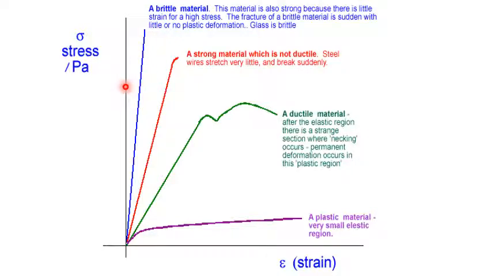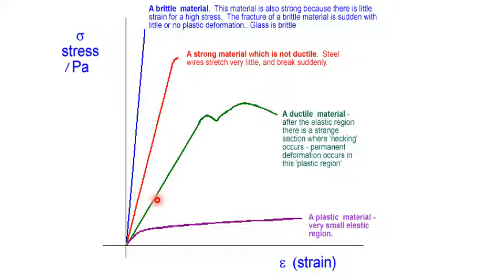Means there will not be any considerable elongation under tension. A material which is not ductile, nor that much brittle, will come in between the ductile and brittle material, where we can observe a little bit of elongation after the elastic limit.